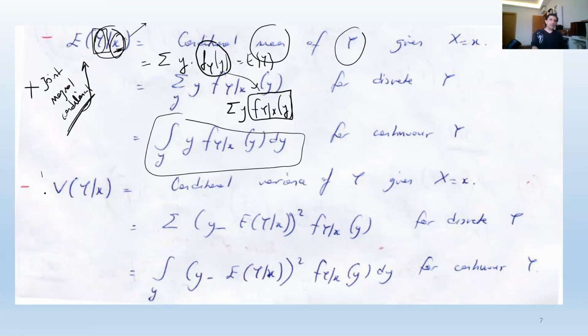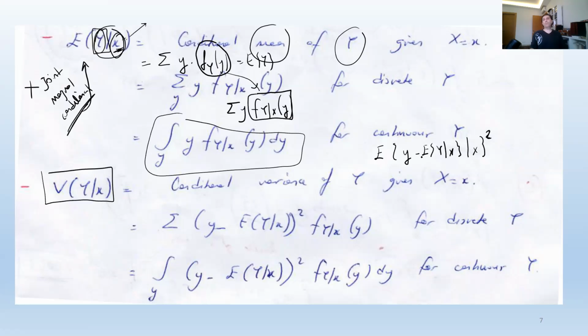Now, when it comes to variance, it's again the very same thing. We know that variance is equal to the expected value of y minus the expected value of y, squared. I am very, very sorry, it's going to be y given x, and this is given the value of x, squared.